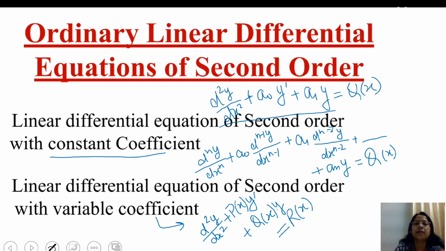This is the general example of a second order linear differential equation with constant coefficients, where the coefficient of the double derivative is 1 and the rest, a naught and a1, are constant coefficients. Understood? This is the difference between the two.